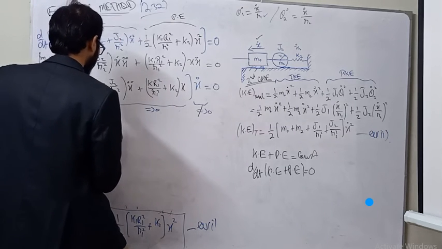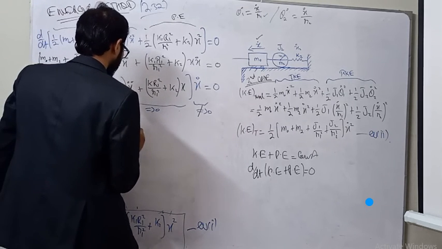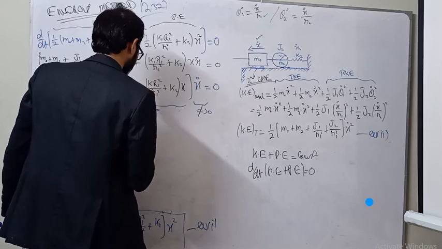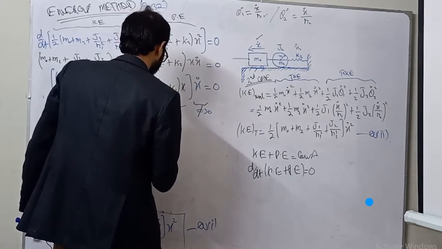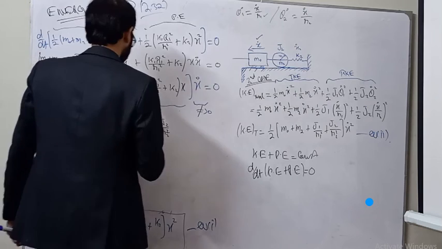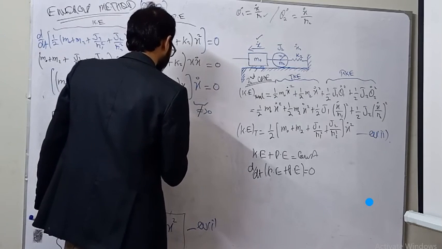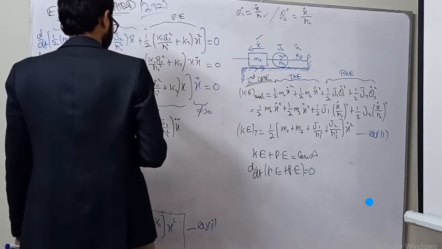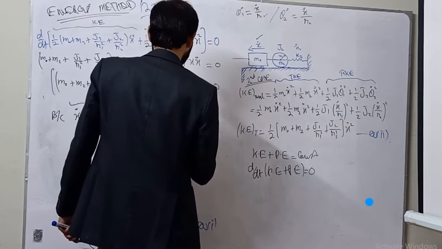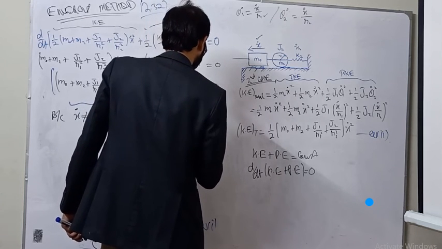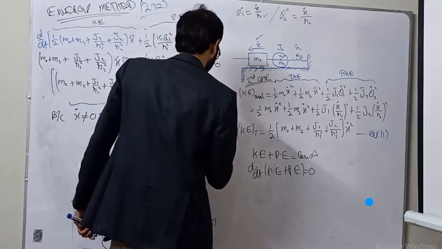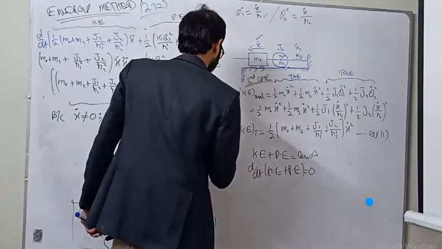We have m naught plus m2 plus J1 over small r1 square plus J2 over small r2 square, and this term will be with x double dot, plus K1 capital R1 square divided by small r1 square plus K2, which will be with x.